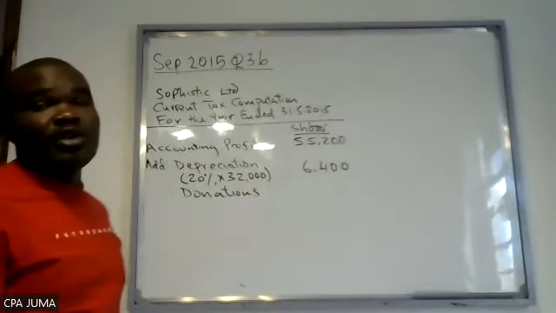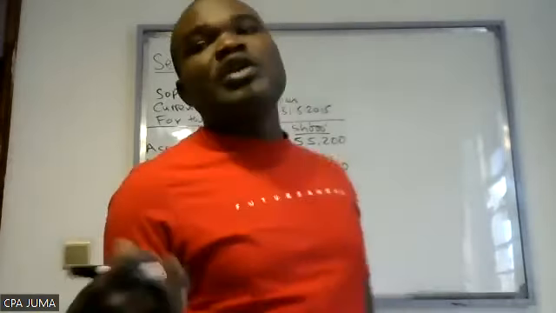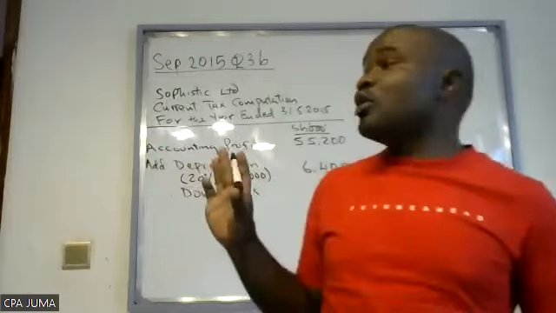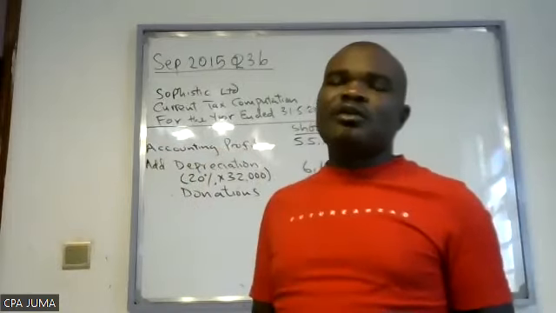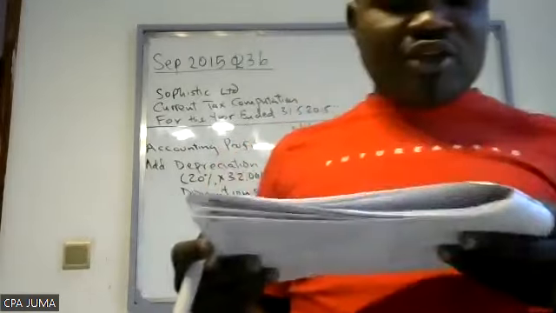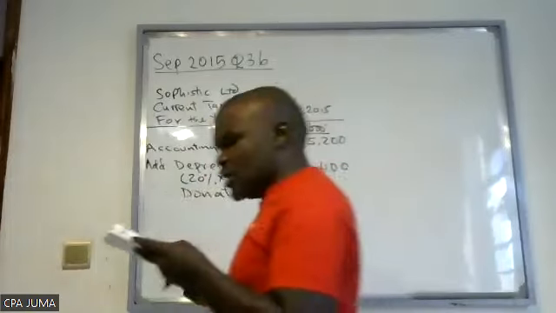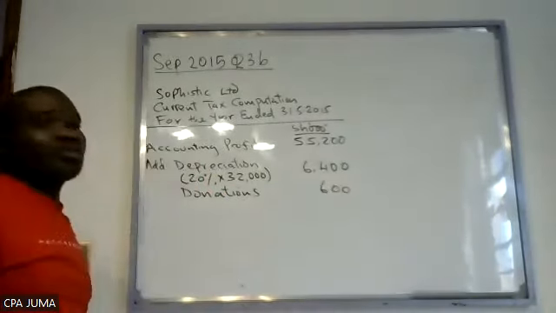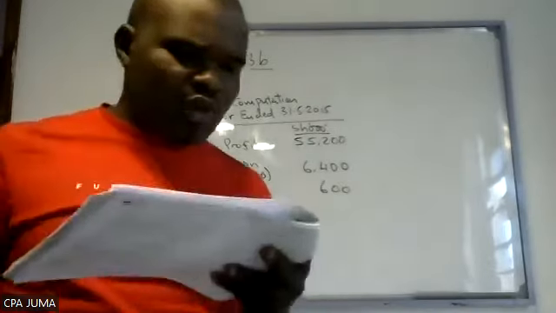But if you donate to charitable institutions like a children's home, those ones are allowed. But there are some which are not allowed. For example, if you donate to a political party, that one is not allowed for tax purposes. So you add back. Our donation, I saw it in note 1 as well. It was 600. If you check additional information number 1.